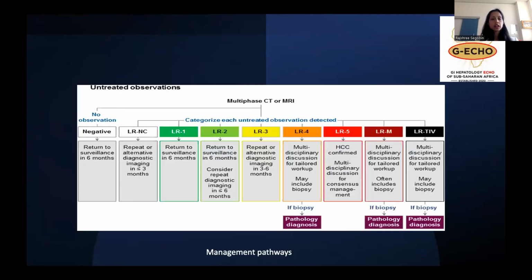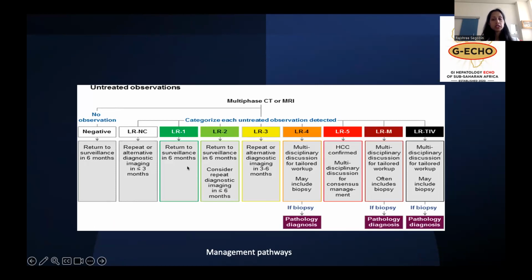So ultimately, as soon as we've got a LI-RADS category, we go down to the management recommendations. As you can see here, if the lesion is non-categorizable, the patient needs to have an alternative diagnostic imaging and return to imaging in less than 3 months. If there is no observation, the patient returns to routine surveillance.